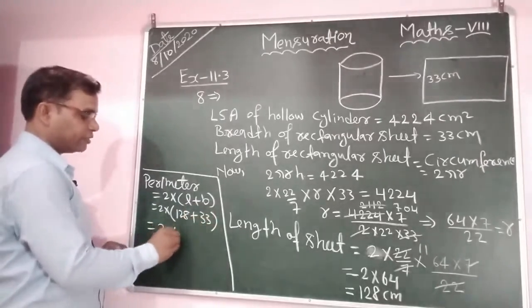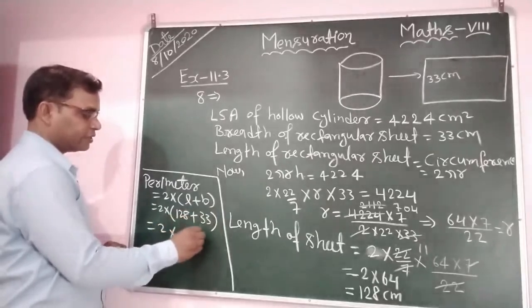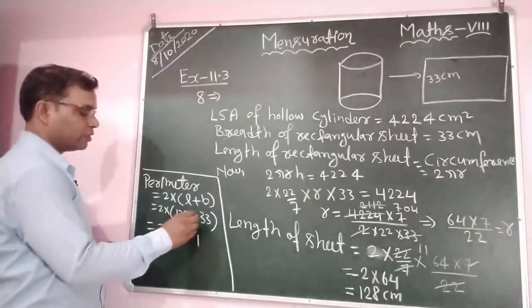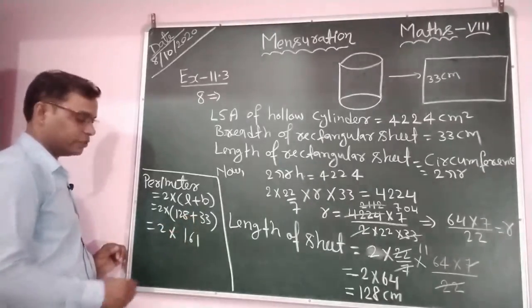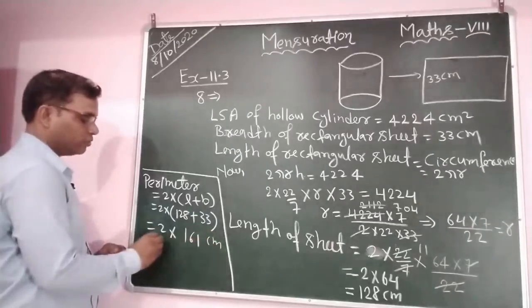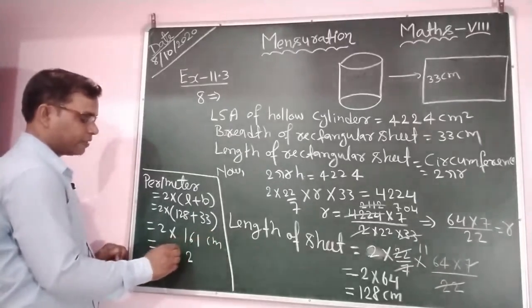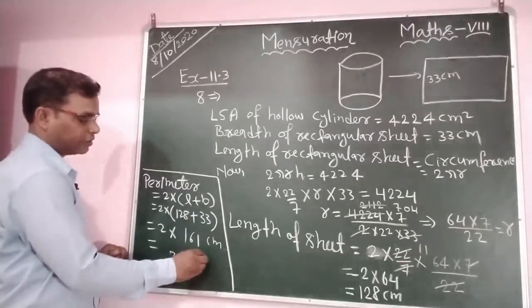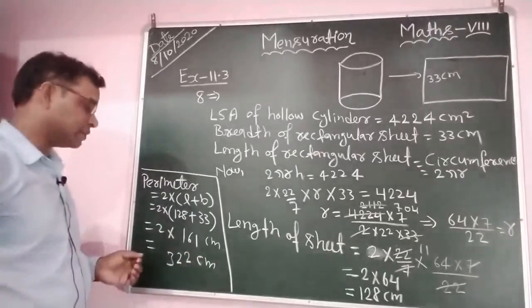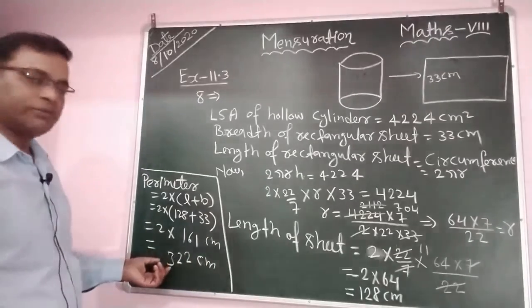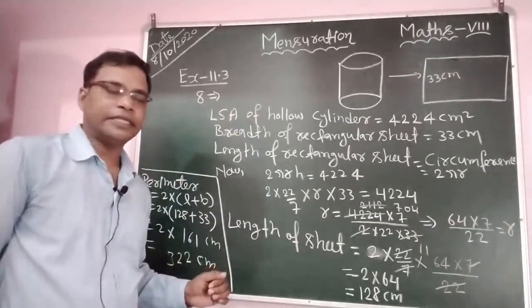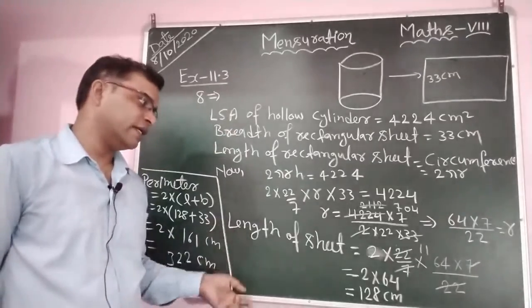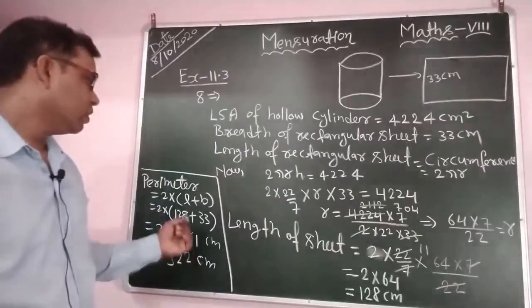If we add them, 8 plus 3 is 11, 2 plus 3 is 5, plus 1 is 6, and we get 161 centimeter. If you multiply by 2, you obtain 322 centimeter. So this is the perimeter of the rectangular sheet whose breadth is given as 33 centimeter and the length we found here is 128 centimeter.